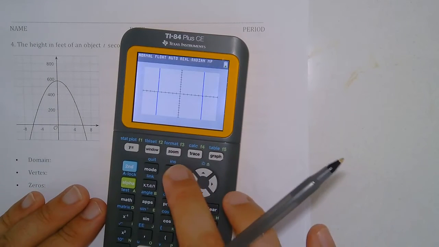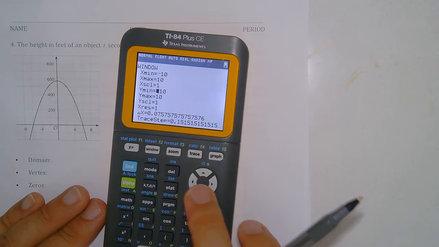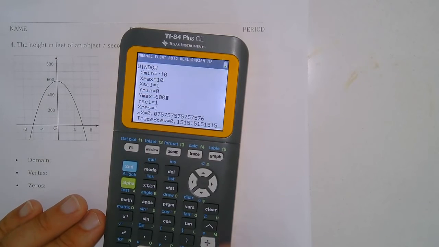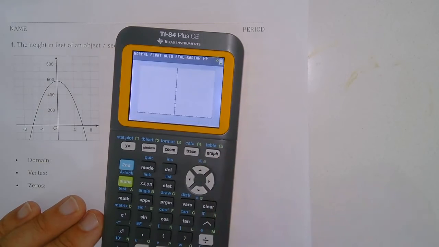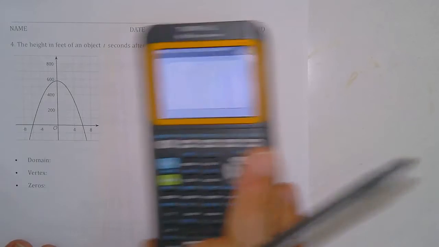So I need to change my window. So from negative 10 to 10 is fine. And then the minimum, I should go from 0. And then the max above 576 would be 600. And let's have it just count by, let's say, 50s. So that works in there just fine.